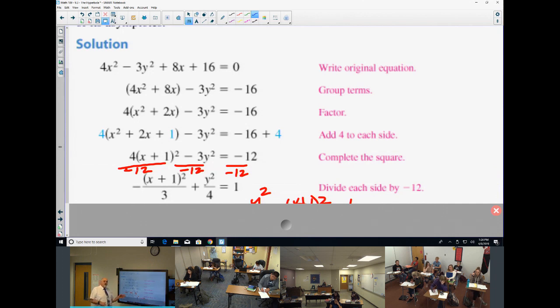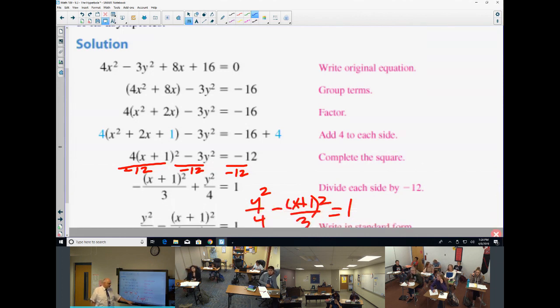But now, when we put it into standard form, because this term is negative, we need to put the y squared over 4 first. So it's y squared over 4 minus x plus 1 squared over 3 equals 1. So this one is tricky for a lot of reasons. Because when you see this on a multiple choice question on a quiz or a test, it may say, which of these graphs is it?